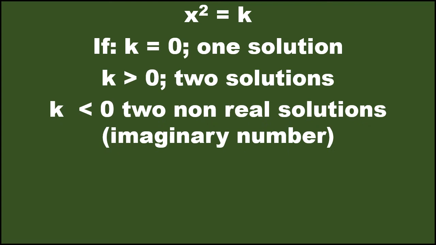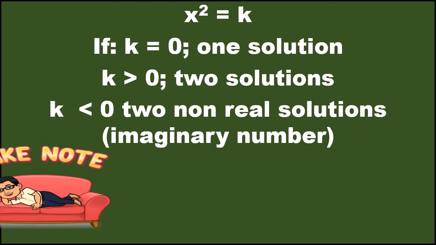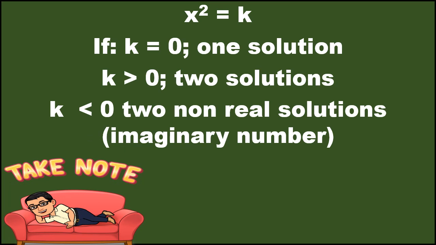And if k is negative, just like in our example, we have the square root of negative 16, that is less than 0, two non-real solutions, or imaginary numbers rather, are the solutions. You have to take note of this, so you will be guided for your answers.